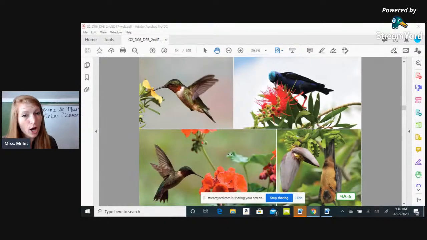Birds are important pollinators too, though, especially of wildflowers. For example, hummingbirds, that is the picture right here of this one and this one. Hummingbirds have that long, narrow beak so that they can get right into the flower and drink that sweet nectar.